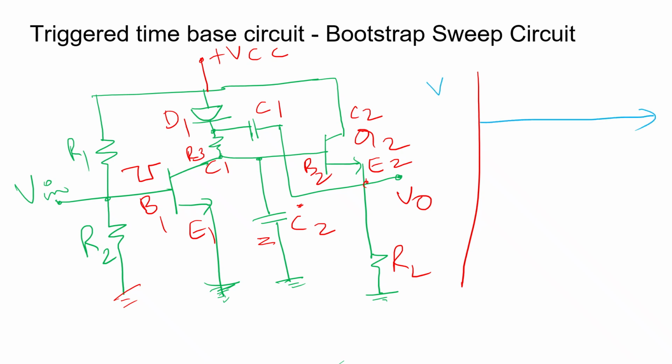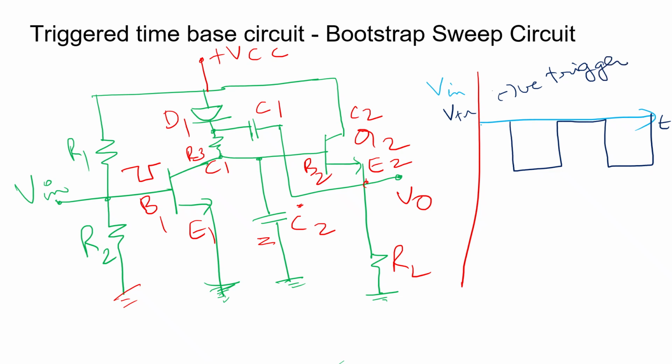We will show it in terms of output. Since we are giving a negative voltage waveform, this is the trigger voltage, and for every trigger voltage, it's a negative trigger, so I have drawn it in the third quadrant.